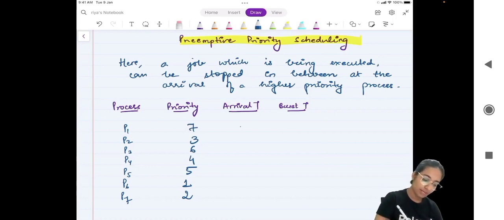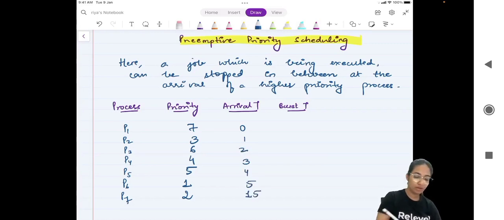Arrival time is 0, 1, 2, 3, 4, 5 and 15. Okay, and burst time is 1, 7, 3, 6, 5, 15 and 8.